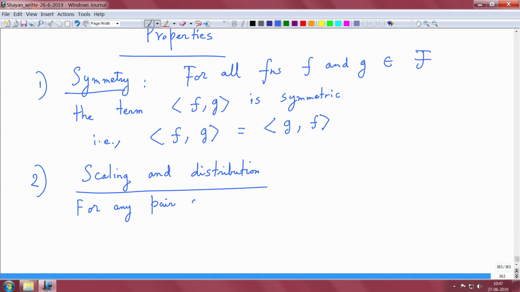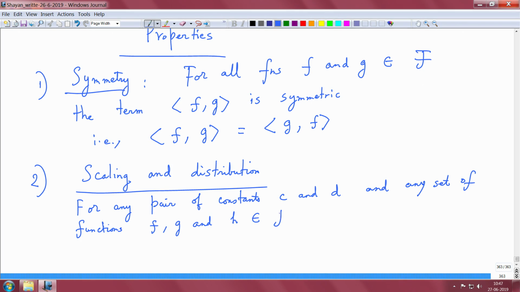For any pair of constants C and D and any set of functions f, g and h that belong to this inner product space, the inner product of the linear combination of functions, which is given by Cf plus Dg, with h, can be written as C times the inner product of f with h plus D times the inner product of g with h.